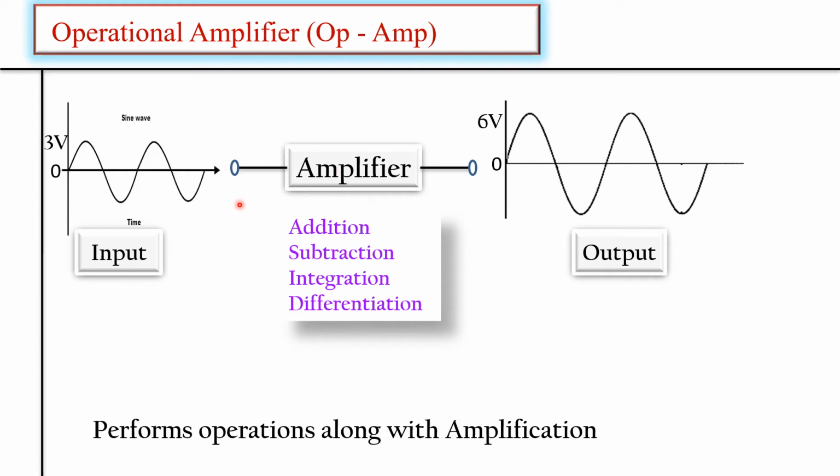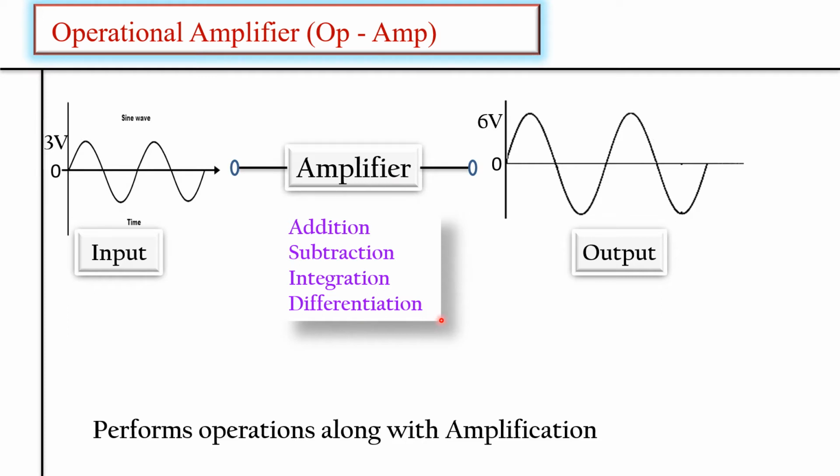Now why is it an amplifier? It is clear, it amplifies the signal. So why is it called an operational amplifier? In earlier days, when digital computers were not involved, different mathematical functions like addition, subtraction, integration and differentiation were performed by using the operational amplifier.